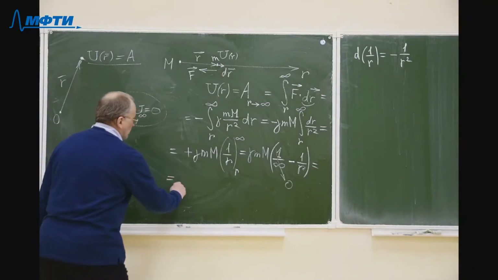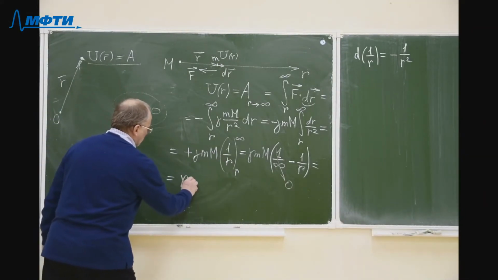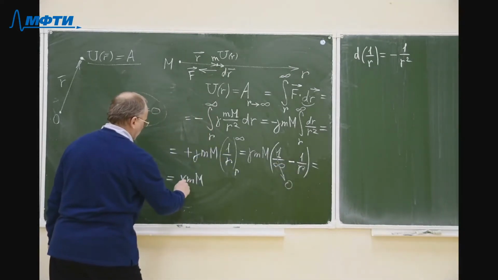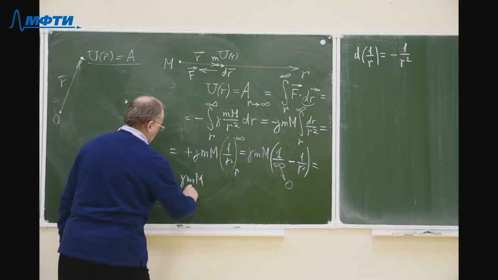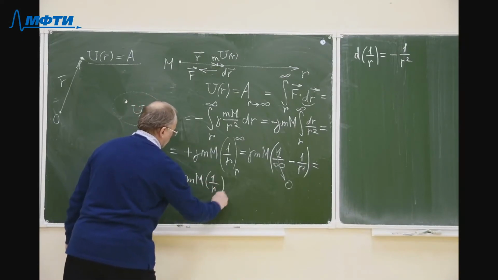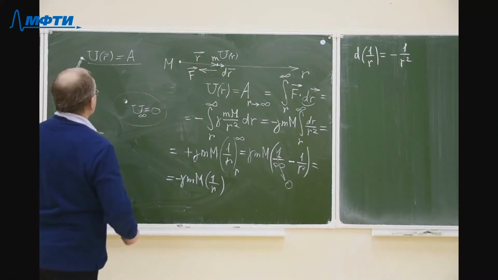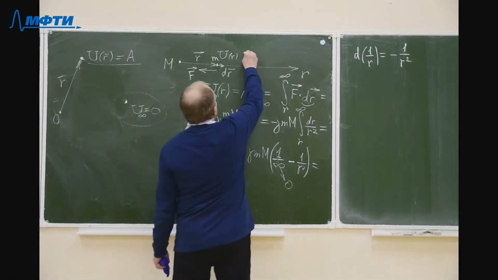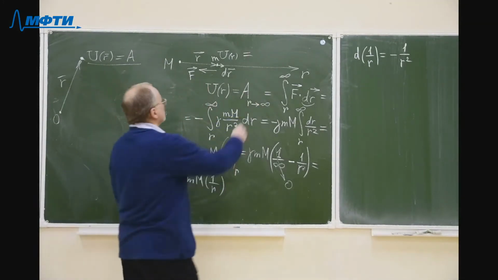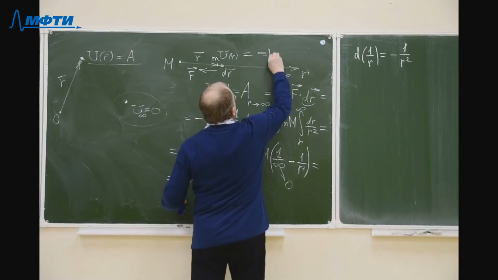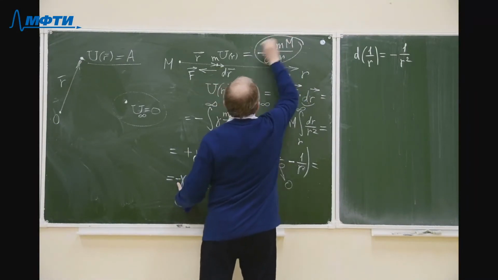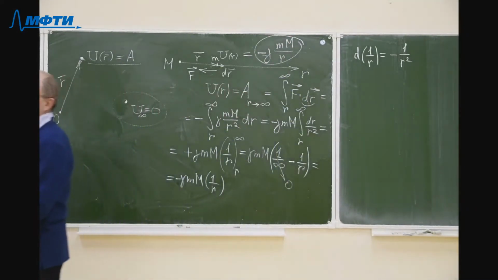So what will be here is gamma small m capital M and minus 1 over r. So the final result for the gravity field will be minus gamma small m capital M divided by r. That's the potential energy in the gravity field.